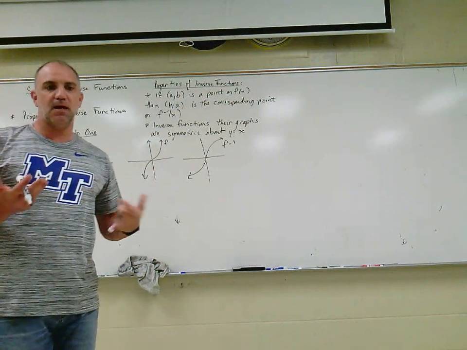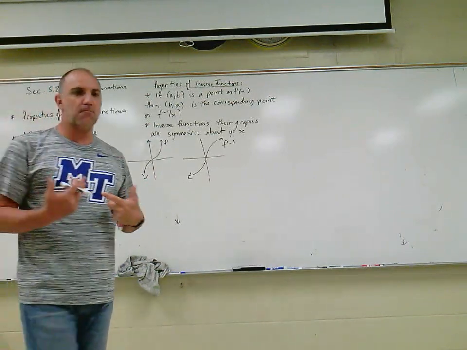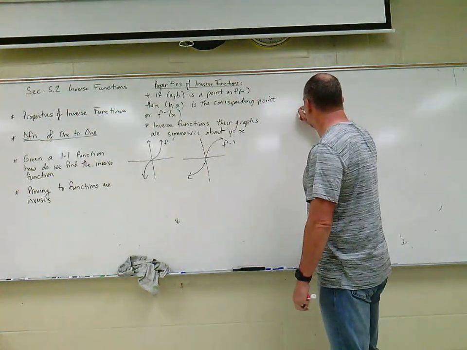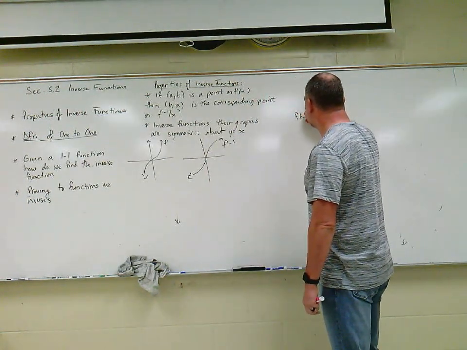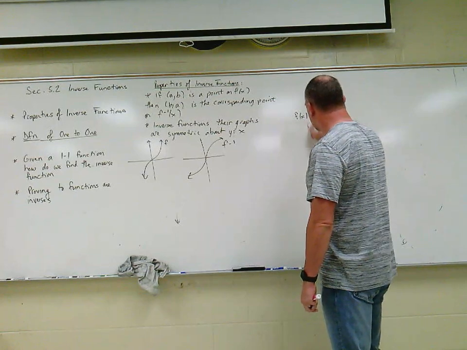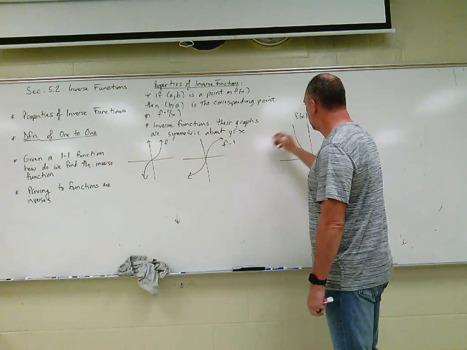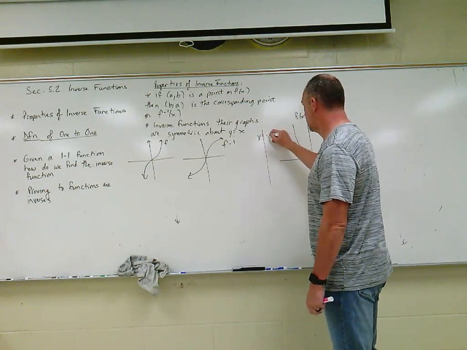So it may not be that easy to think of off the top of your head, but the easiest example I can give you is, say, f is x squared, okay? So you start off with this. We've got our parabola, and we'll make a little t-chart here.